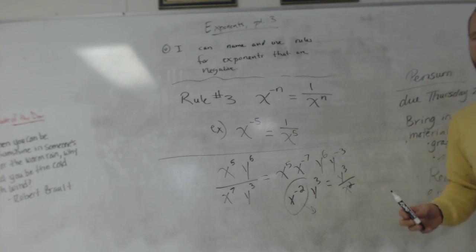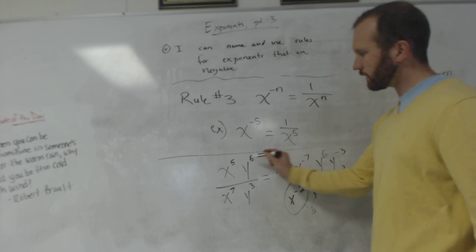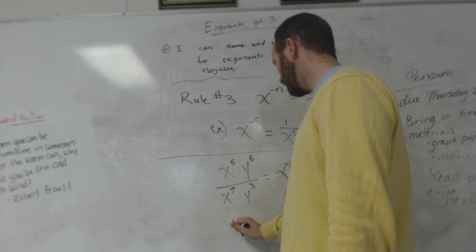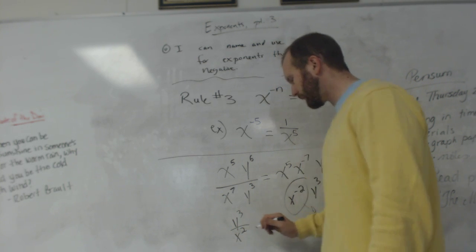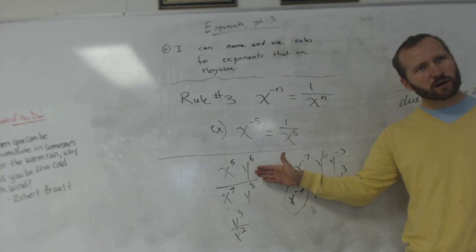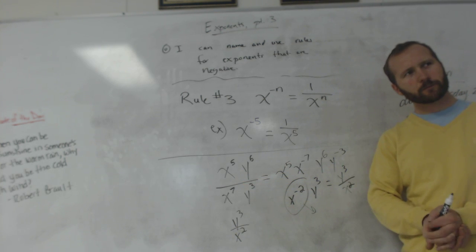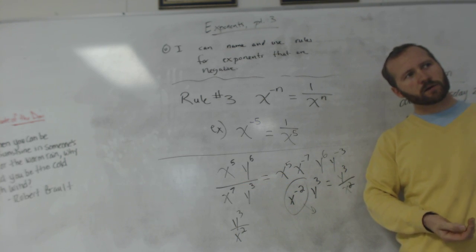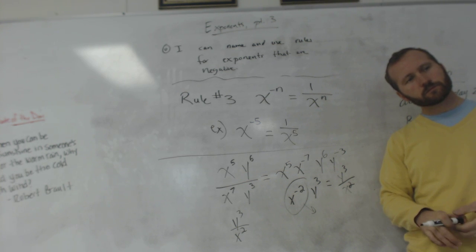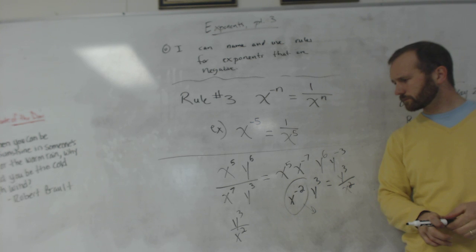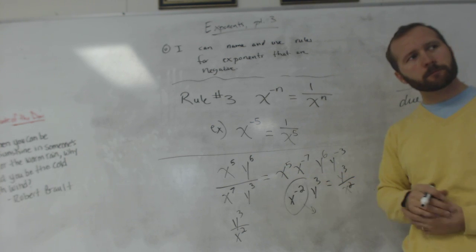But now look at this. Do you notice a pattern here? I started with x to the 5th, y to the 6th. I ended up with y to the 3rd over x to the 2nd. Does anyone see a shortcut that we could use to get from here to here? What do you see? Subtract the top by the bottom. Do we always subtract the top from the bottom?